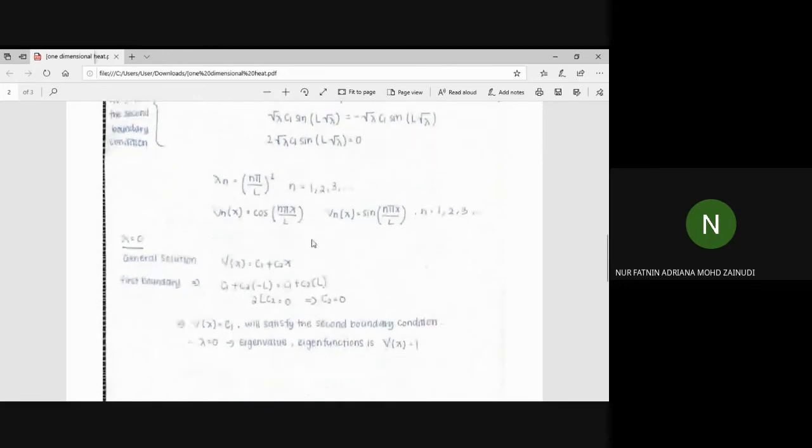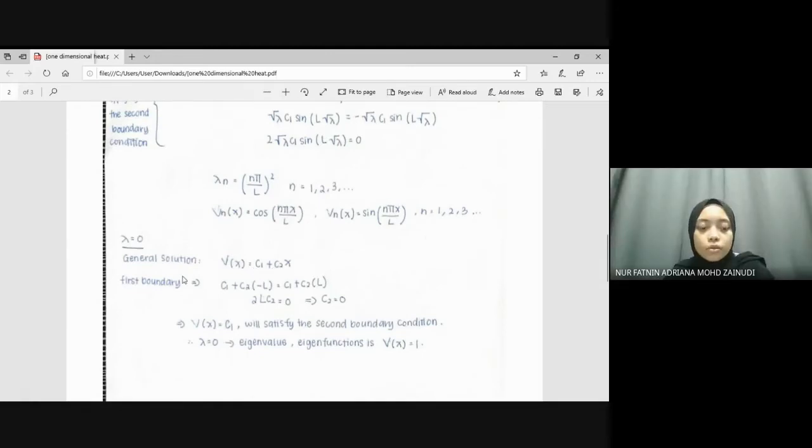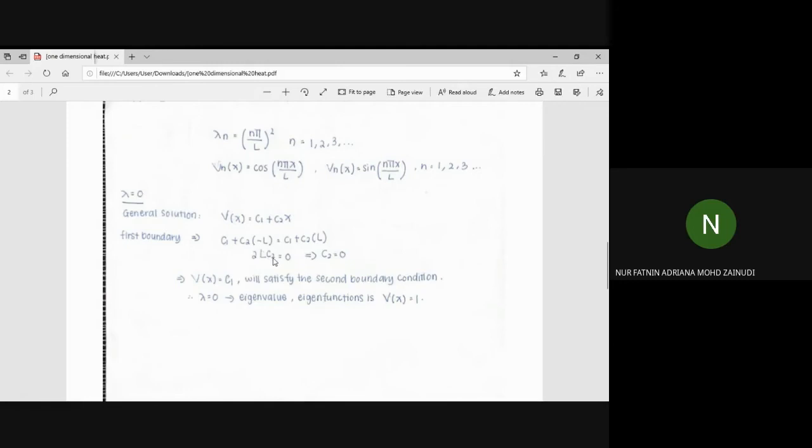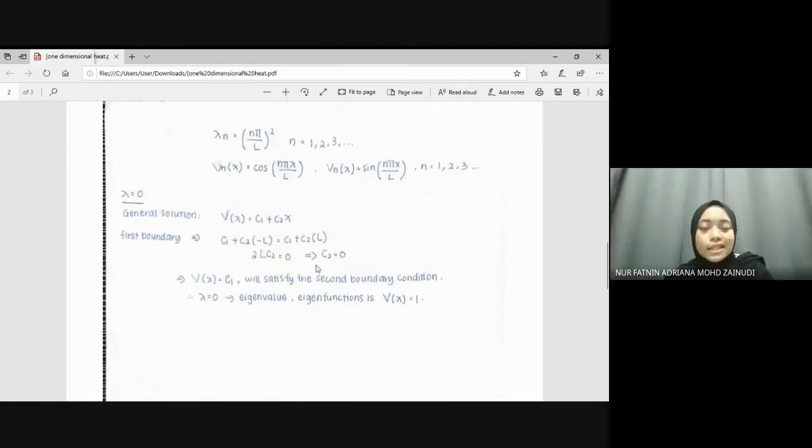So the second case is lambda is equal to 0. The general solution for this case is V(x) is equal to C1 plus C2 x. So we will apply the first boundary condition and we will get C1 plus C2(-L) is equal to C1 plus C2 L, and we will get 2L C2 is equal to 0, so C2 is equal to 0.